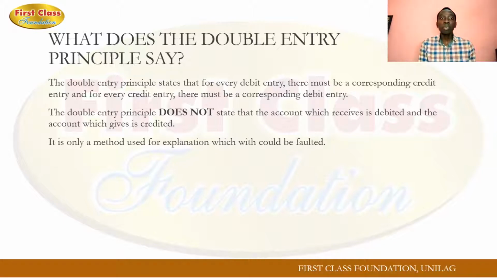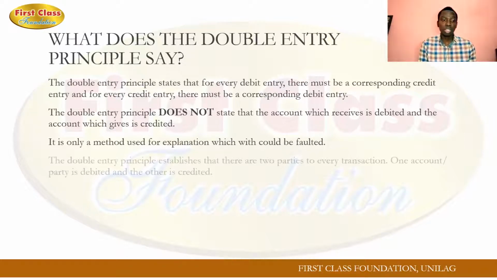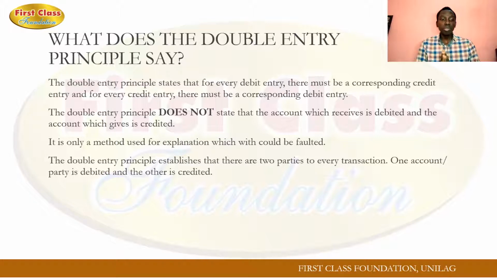It's not just a topic that is treated in year one, but something that you would apply in every aspect of financial accounting, even as you progress. So the double entry principle establishes that there are two parties to every transaction. One account or one party is debited and the other is credited. Not that the giver is credited and the receiver is debited.